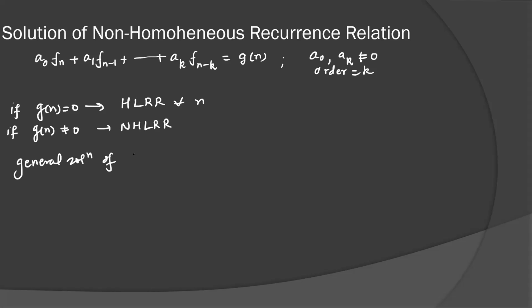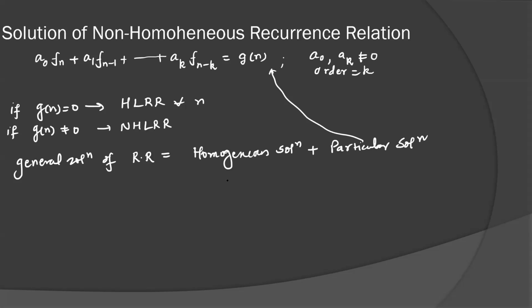So the general solution of a recurrence relation is defined as the homogeneous solution, meaning the solution of the corresponding homogeneous part, plus a particular solution, like in a differential equation. The particular solution we obtain corresponding to Gn only.